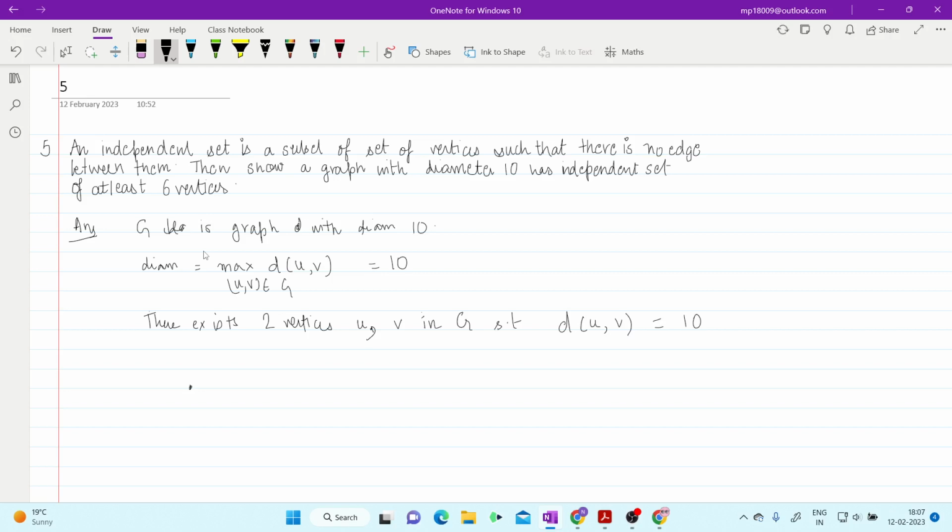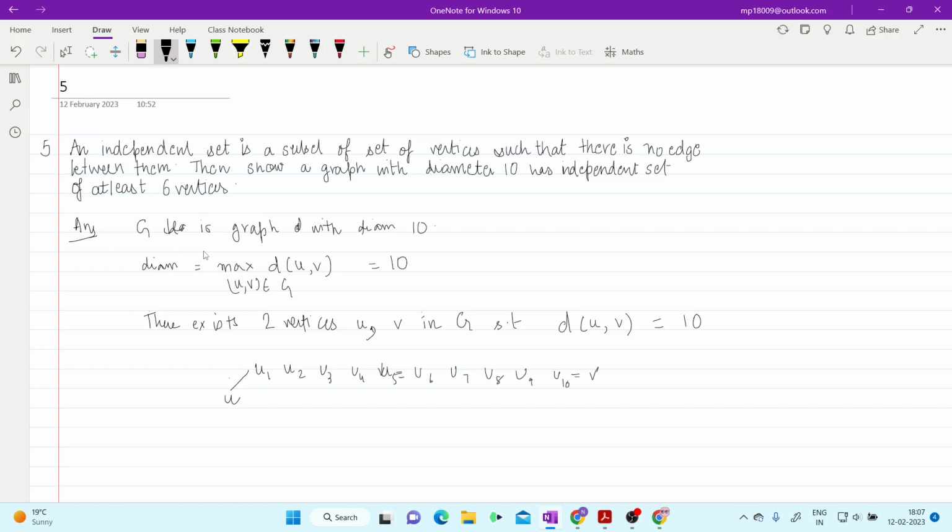So let's list down that path. If the shortest path is 10, then we have u, then u1, u2, u3, u4, u5, u6, u7, u8, u9, u10, which is just v.